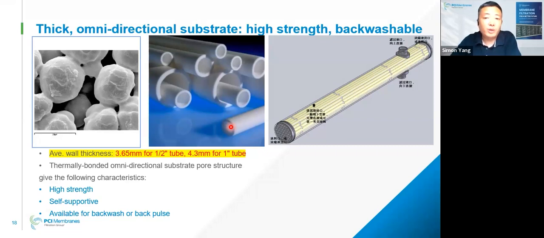You can imagine membrane tubes will be choked with slurry in a short time if there is no periodic backwash. By the way, the average wall thickness for the half-inch tube is 3.65 millimeter, and it's 4.3 millimeter for the 1-inch tube. So really thick wall.